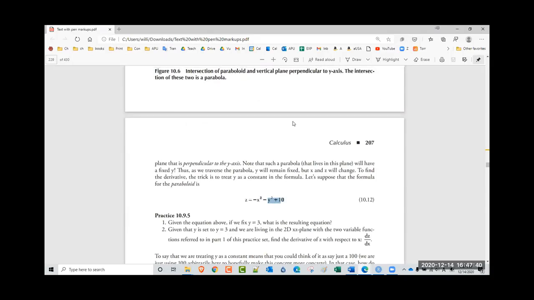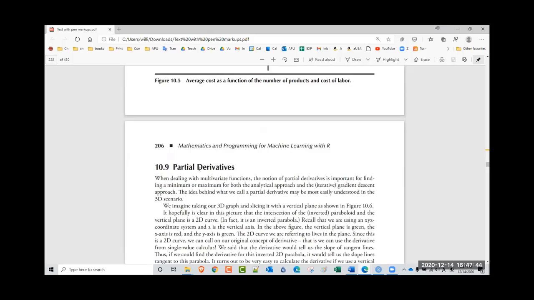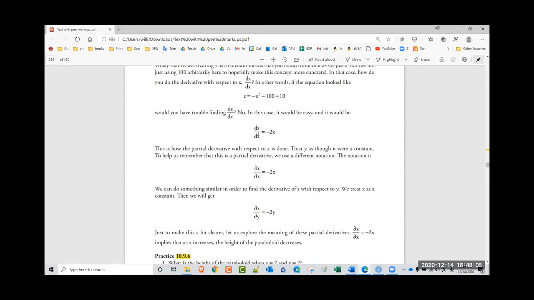So that's called partial derivatives. Partial derivatives are when you take a derivative in just one direction, like we did, just in the y plane, and then we'll do the same thing in the x plane. Each of those is called a partial derivative. And the notation is like this.